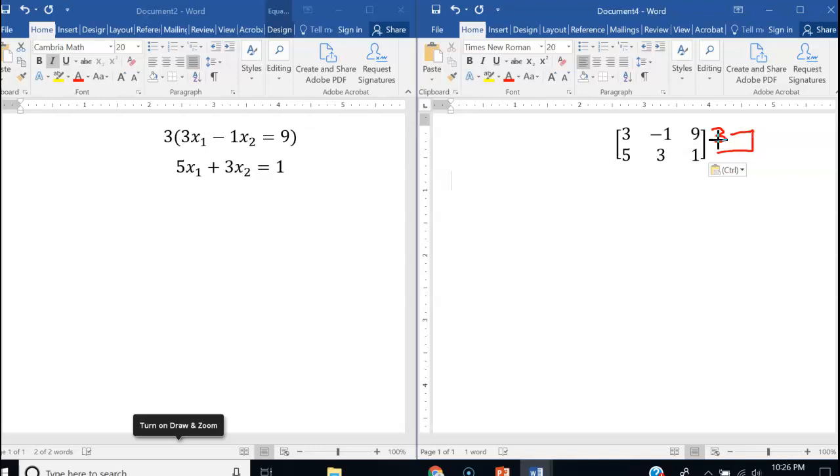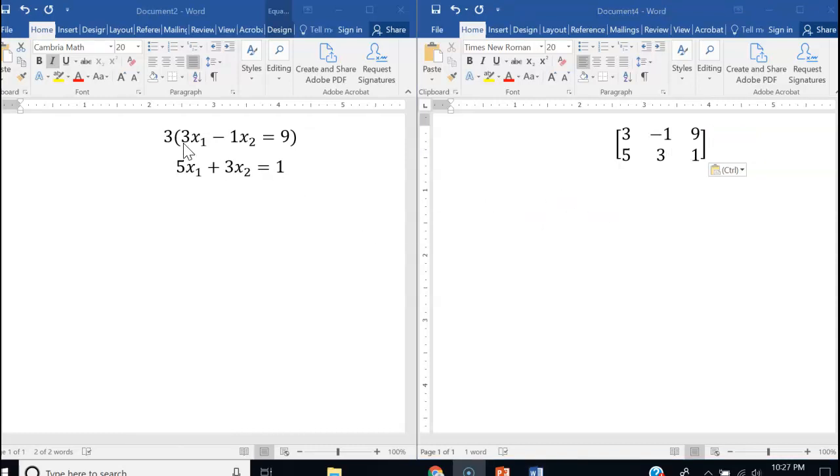Connect them, so 3 times the top row. Some people will put a 1 times the second row, and then we replace that second row. That's typically the notation we use: 3 times the top row plus the second row, and then replace it, and we get a new matrix.